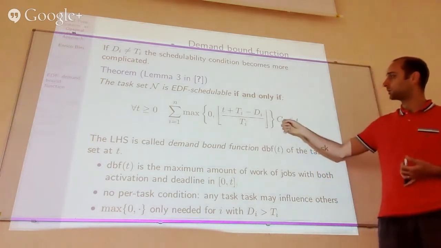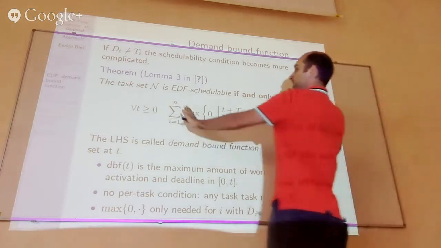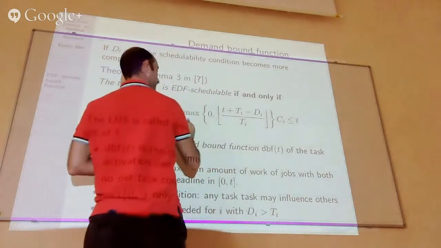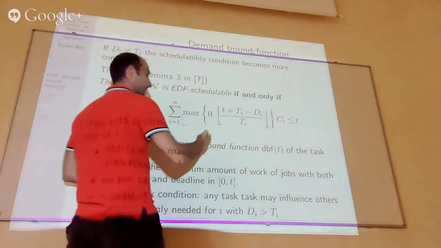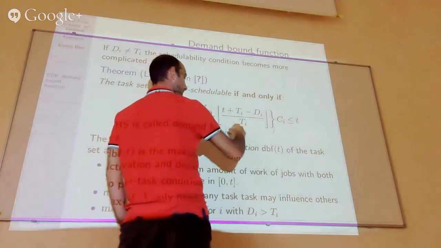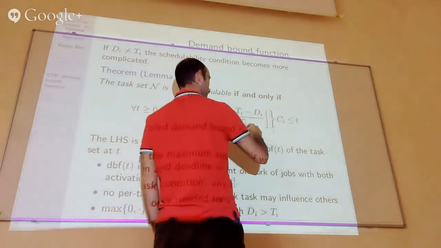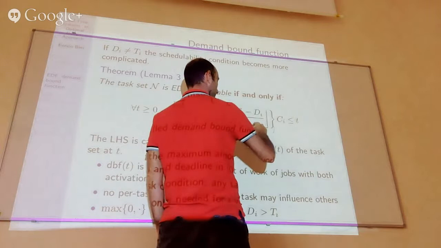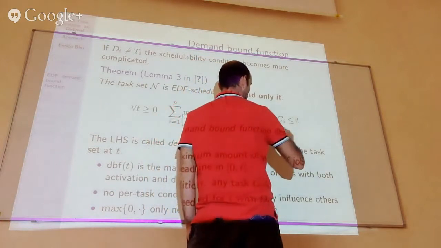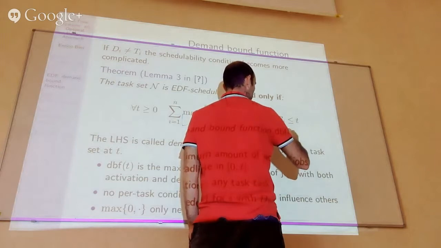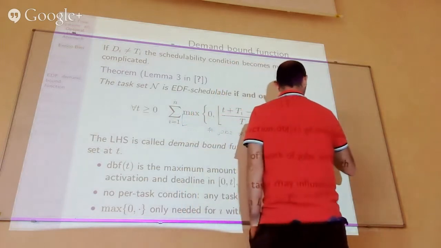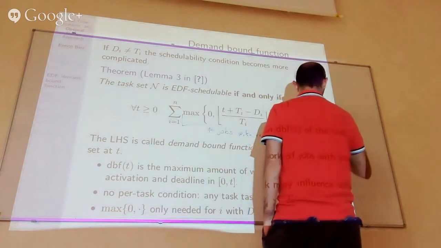The max term is the number of jobs with release and deadline in 0t.